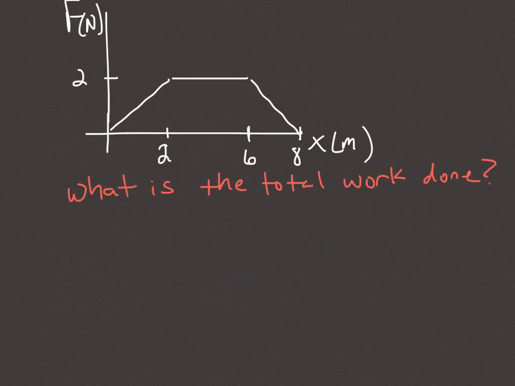So what would be the total amount of work done on an object that has been through an experience that mimics this data? Something that can actually mimic this motion would be a car that is stalled. You try to push it to get it started. You start exerting a force and you increase that force until it starts to move.